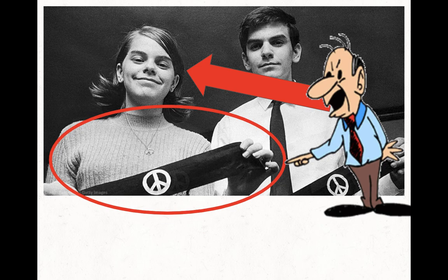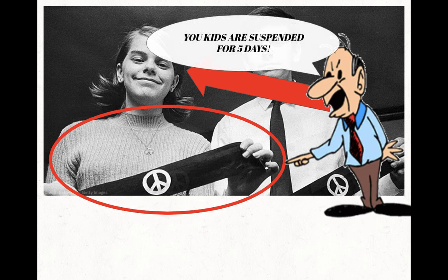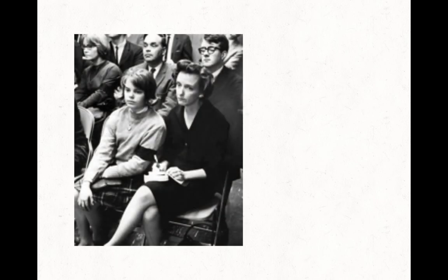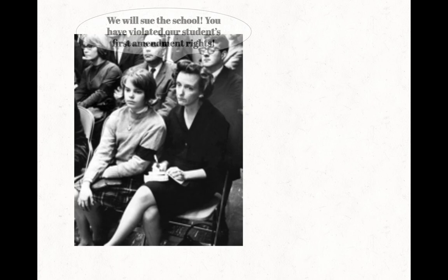That is in violation of our school policy and that will cause a classroom disruption to learning." Mary Beth Tinker said, "Nah, I'm going to wear them anyway." And she got suspended for 5 days. In response, Mary Beth's parents decided they're not going to let that fly. So they decided to sue the school district for violating her First Amendment rights.